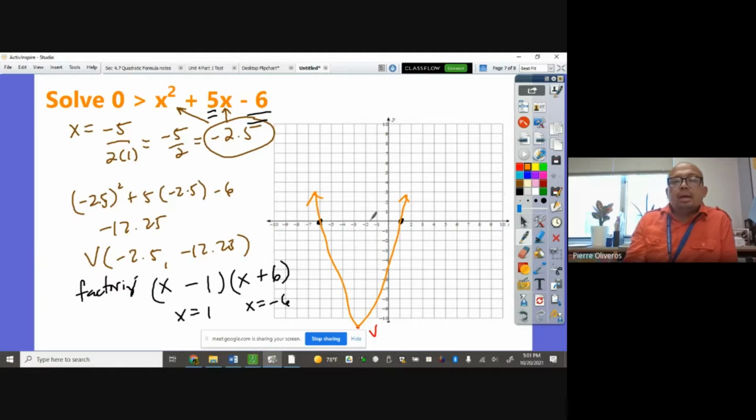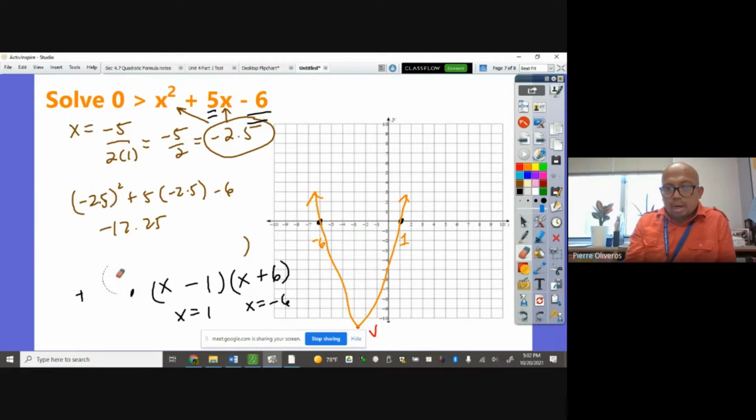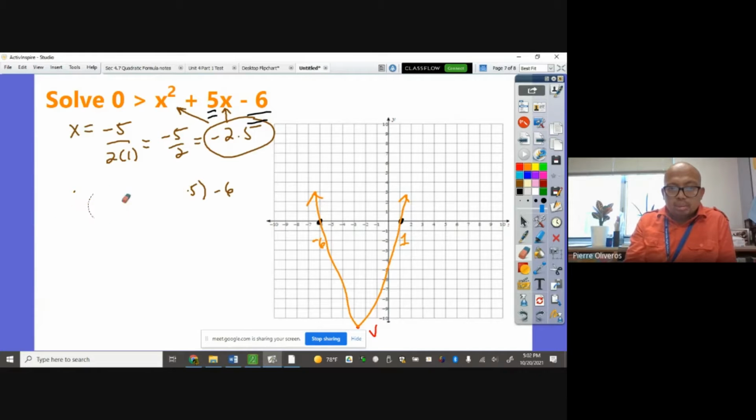Right? So now we will test it again. The crucial points are the -6 and the 1. So we will pick a number on the left side of -6, a number on the right side of 1, and one between them. So let's try the test x equal to -7.